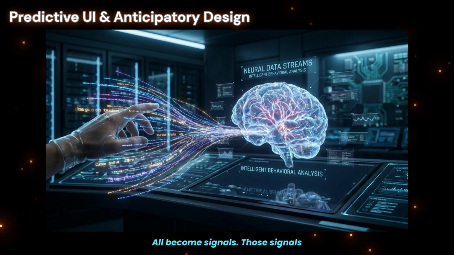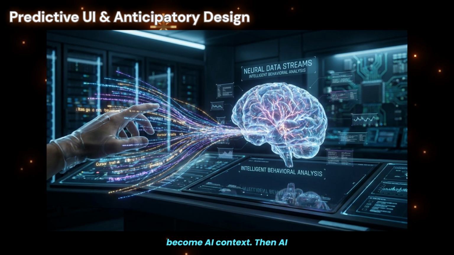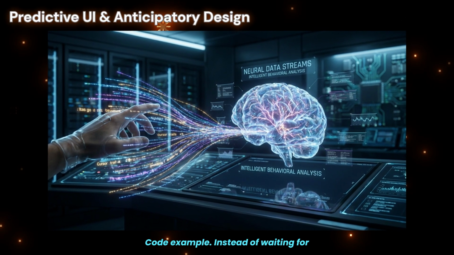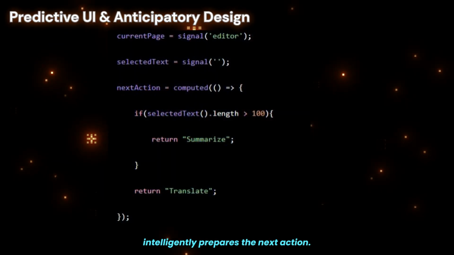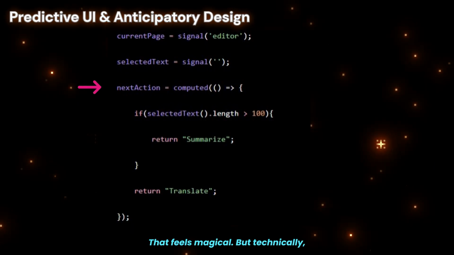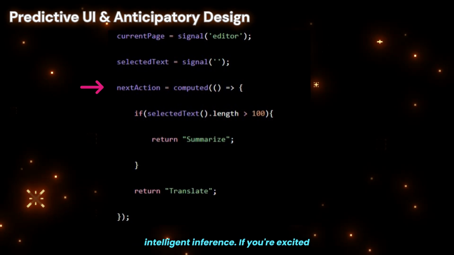All become signals. Those signals become AI context. Then AI predicts the next likely interaction. Code example. Instead of waiting for a button click, the interface intelligently prepares the next action. That feels magical. But technically, it's simply Angular signals combined with intelligent inference.